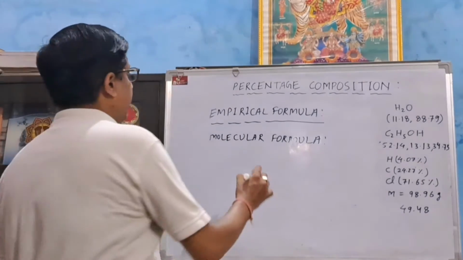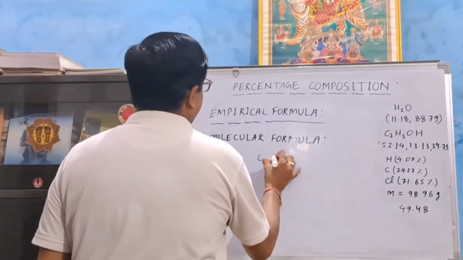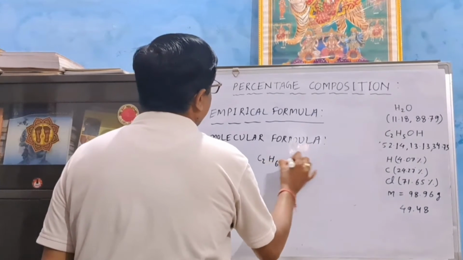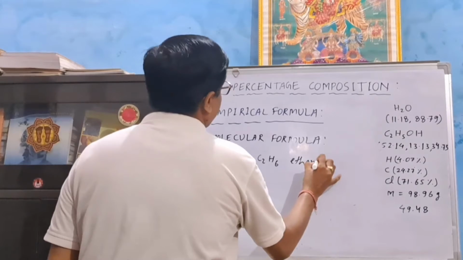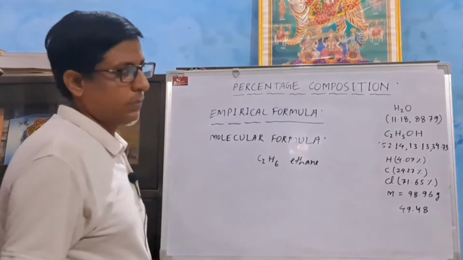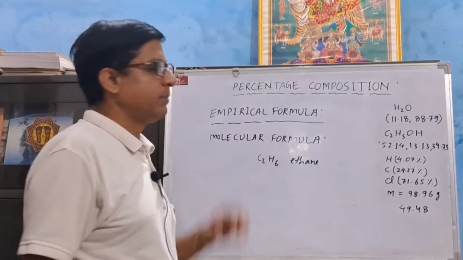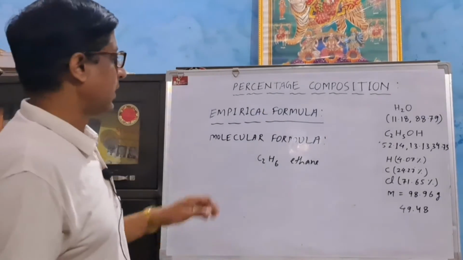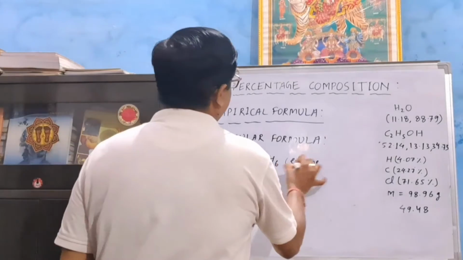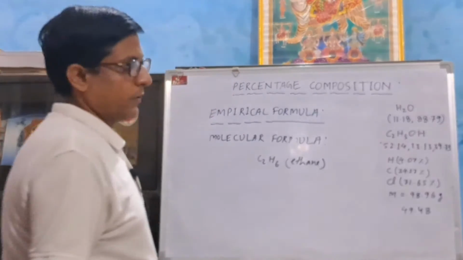For example, C2H6 is ethane, and this is the molecular formula. This formula gives the information that 2 carbon atoms and 6 hydrogen atoms are present in ethane. This is called molecular formula.